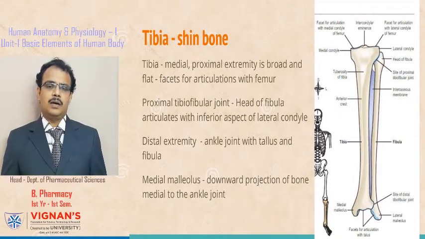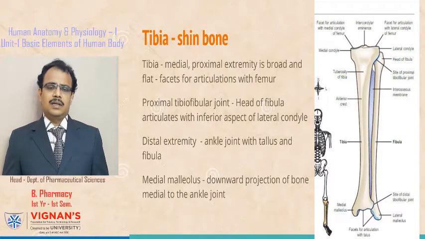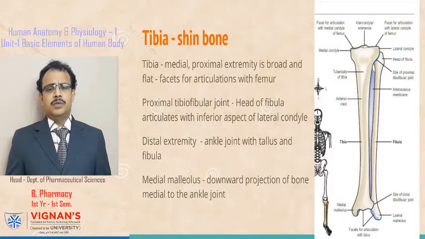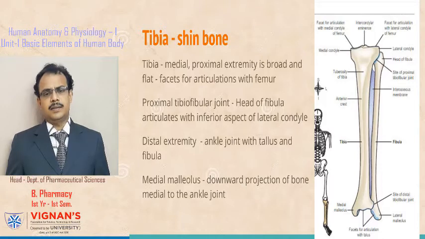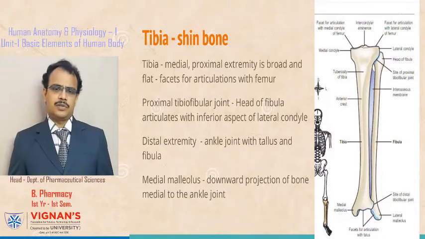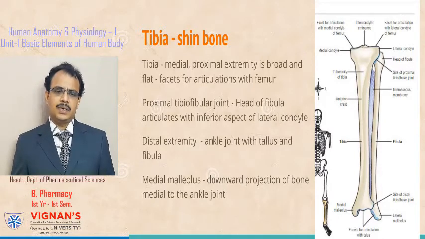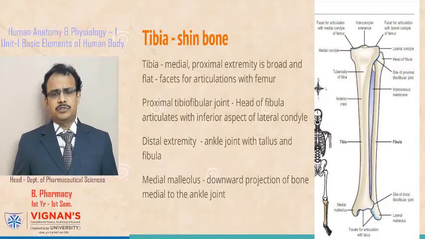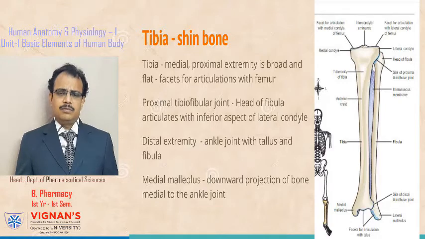The tibia, which is also called the shin bone, is one of the two bones of the lower leg. The lower leg consists of two bones, the tibia and the fibula. The tibia lies medially, whereas the fibula lies laterally.